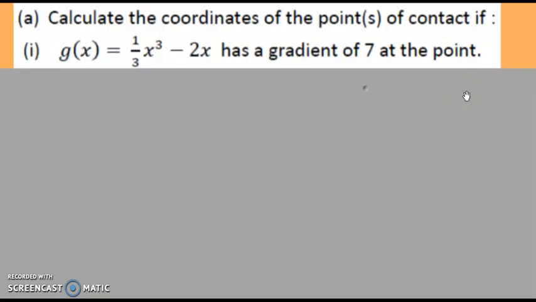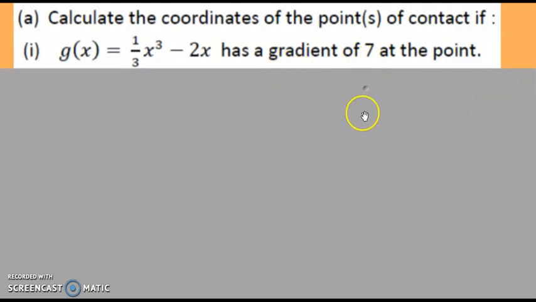In this topic specifically, we will look at how to calculate the equation of a tangent to a function. So please take note, this question can be asked in different ways. Most commonly they ask you to calculate the equation of the tangent at a point, but they can also ask you to calculate the point of contact if the gradient of the tangent is given.